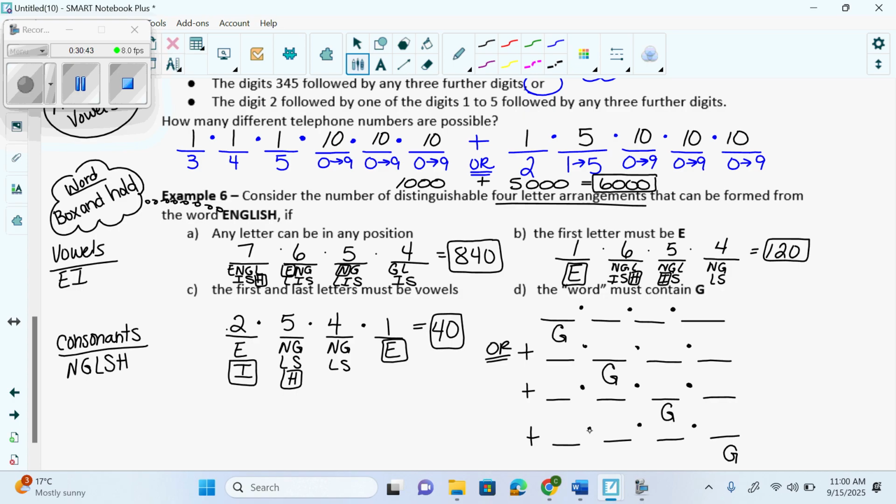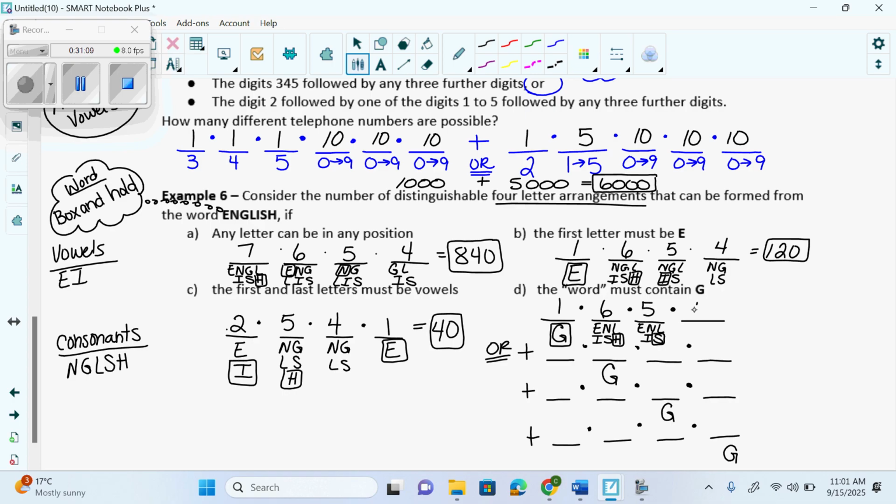So G, we have one option. I box it. Now I have E, N, L, I, S, H. How many letters do I have left? 6. Say I box the H. Now I have E, N, L, I, S, which is how many? 5. Say I box the S.